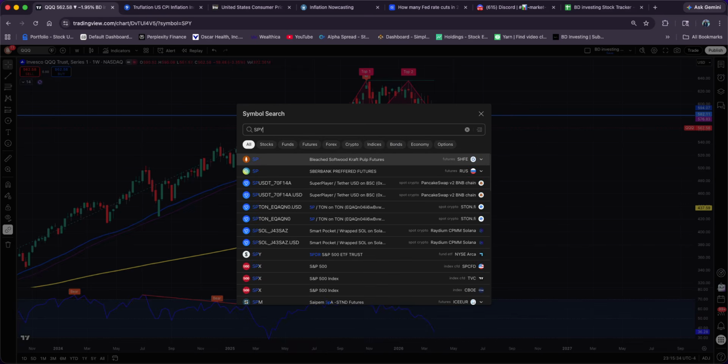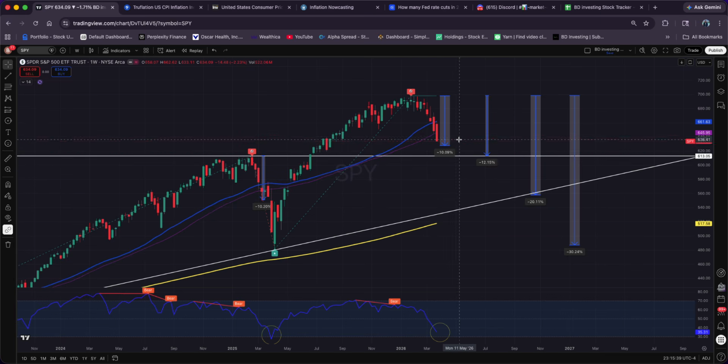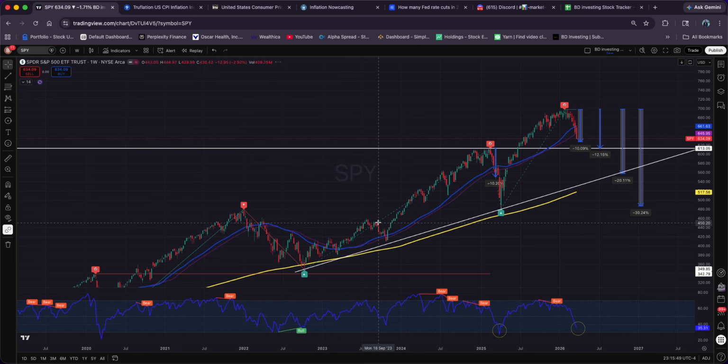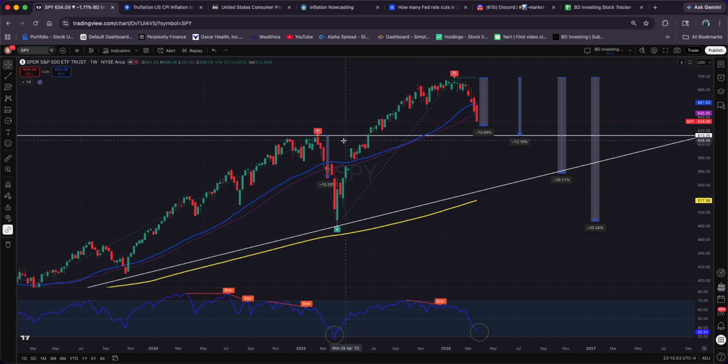For the S&P 500, usually the market bounces or reverses, and a bottom is made when there's a 10% drawdown. But looking at this chart, the 2025 market and the 2022 market, I'm thinking we go a little bit lower, and we possibly test the 2025 pre-tariff highs at 613.